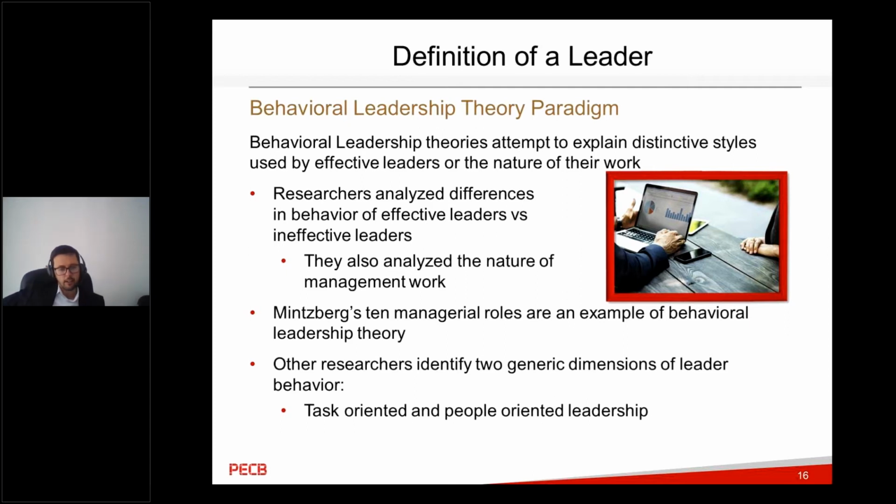But later on, probably because of more research, especially by the mid-50s and 60s, there has been a shift in the paradigm, because people came to understand that these traits might not only be internal in nature.